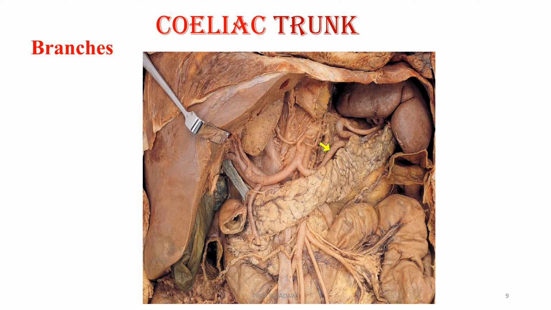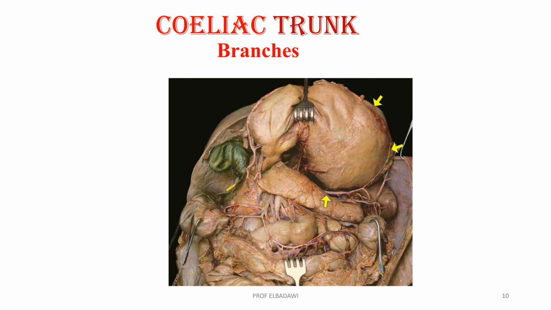Along its course, it will give some branches, which are the short gastric to the fundus of the stomach, and those short gastric will pass through the gastrosplenic ligament to supply the fundus of the stomach, anastomosing with the left gastric and left gastro-omental.